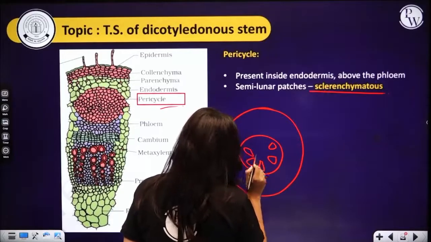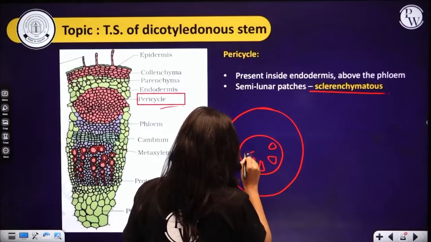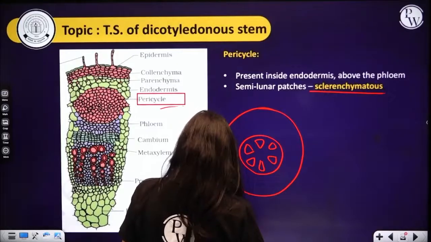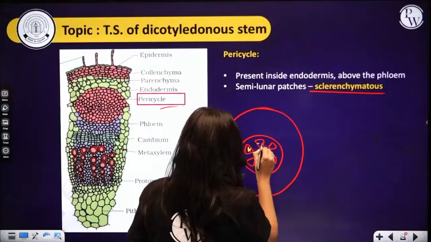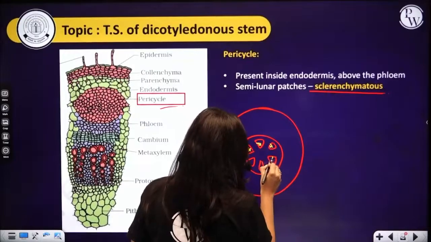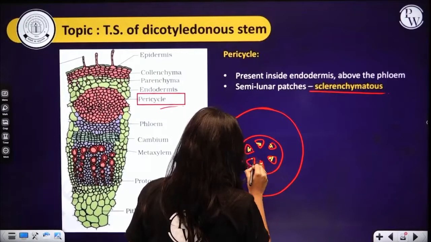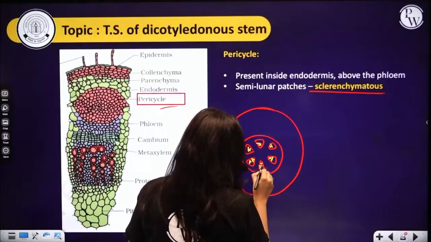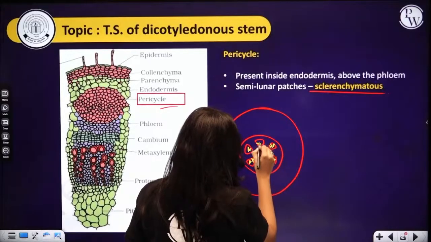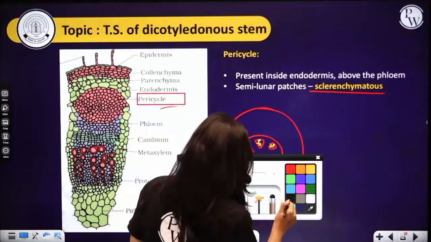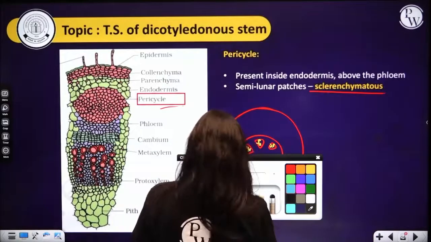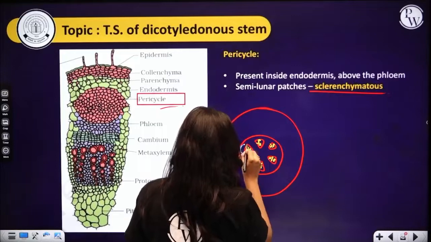So the vascular bundles will be arranged like this. Towards the inner side of the vascular bundle, there's xylem, xylem, xylem. On the outer side you will have phloem, phloem, phloem. Okay. Now pericycle is present on top of this, like this.